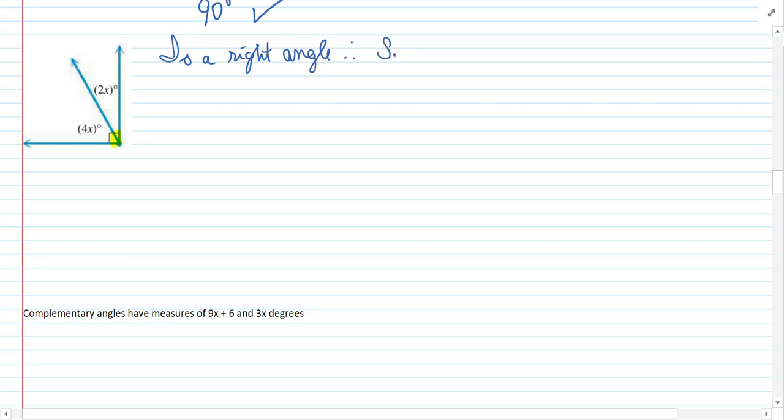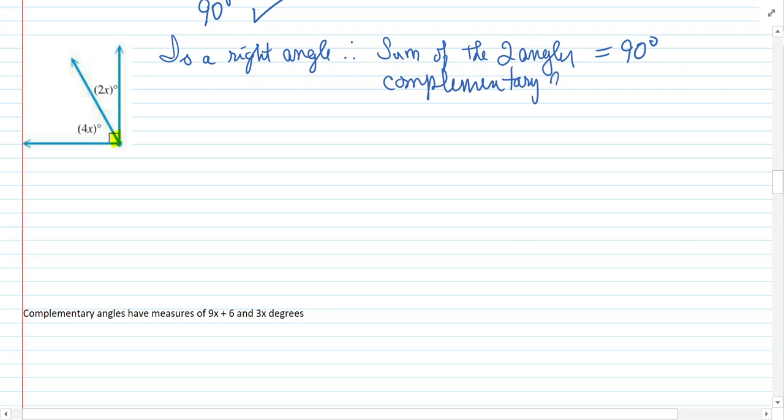Therefore, the sum of the two angles equal 90 degrees, and they are complementary angles. Okay, so first thing is find the value of x.